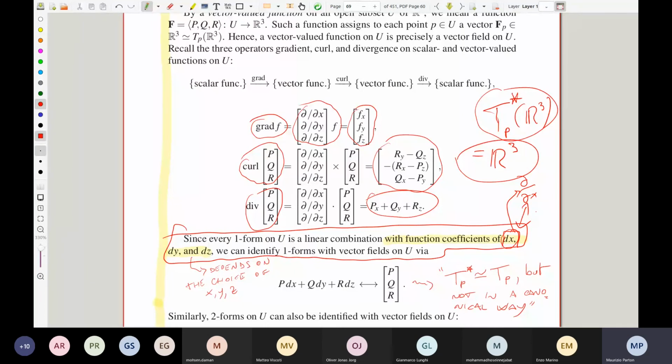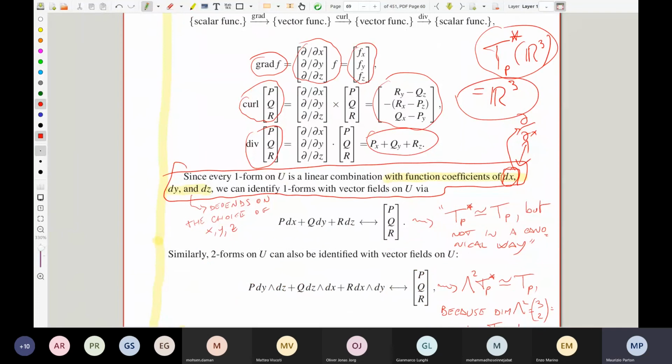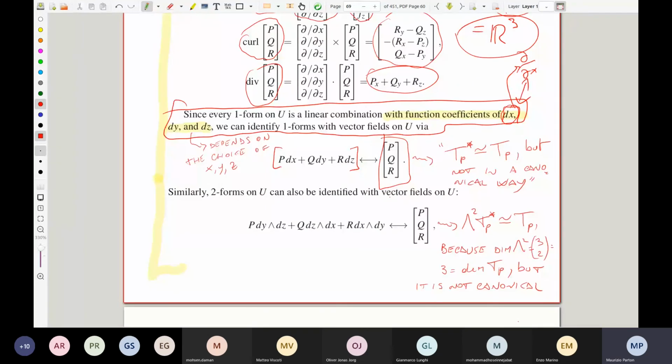This means that if you have a one-form, in this identification it is just a tangent vector. And for the same reason, if you call this the first vector of a basis, this the second, and this the third, then a two-form can be identified with a vector.